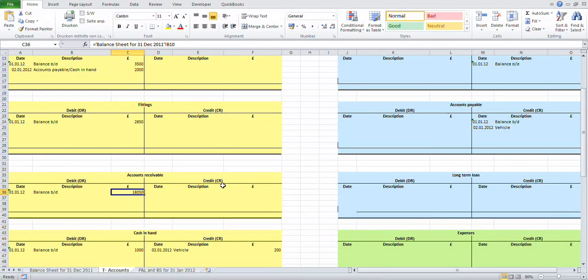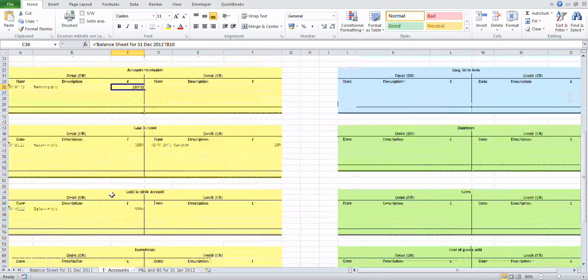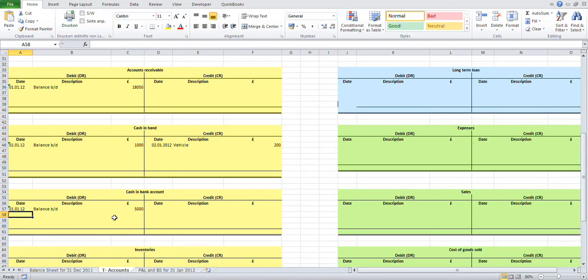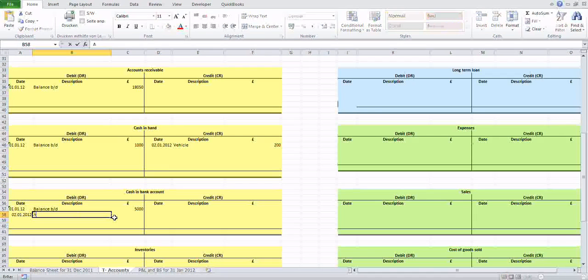Since we are going to get £10,000 into our bank account, we need to look at the cash in the bank account, and this increases. So let's record just that. 2nd of January 2012. The opposing account is the accounts receivable.